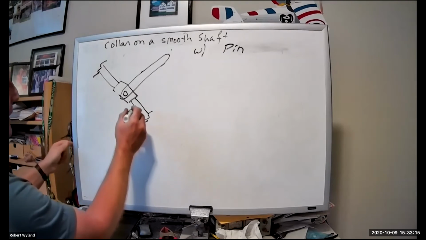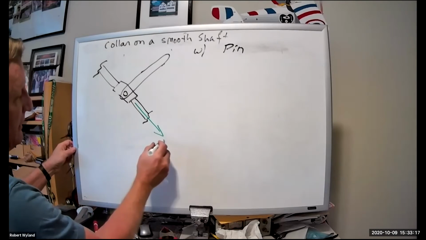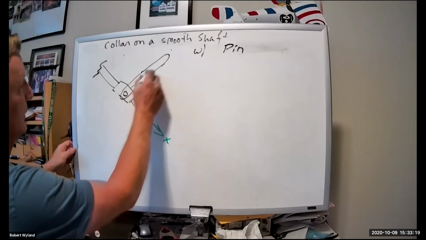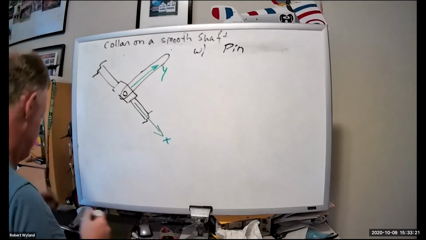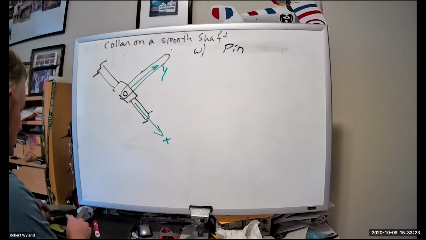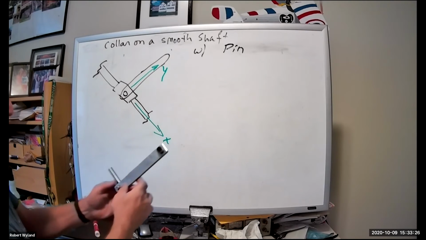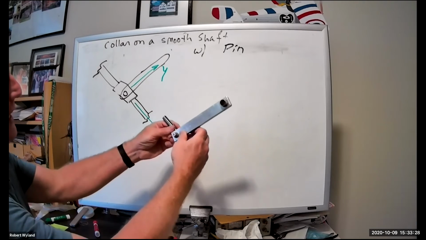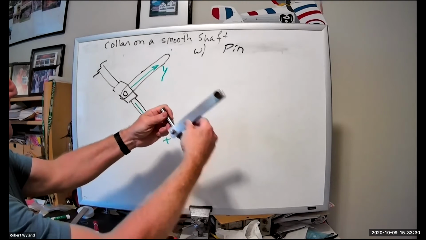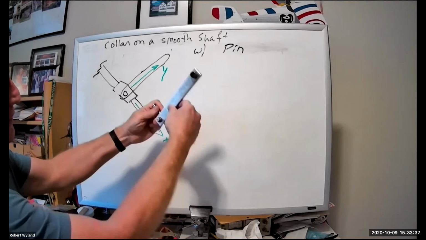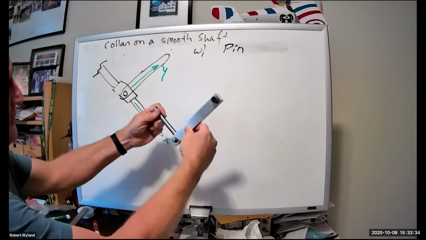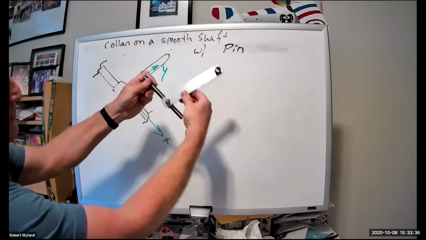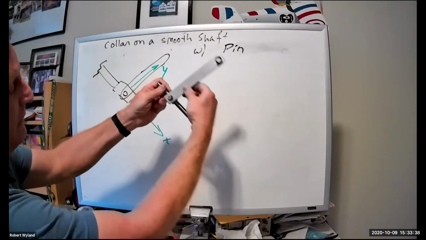So again, let's reorient our axis. So this is again X, and this is Y. Make life easier. So if we look at linear forces in the X, which is along the shaft, we can see that it slides and there's no force resisting, there's no reaction. So it's just sliding along there.